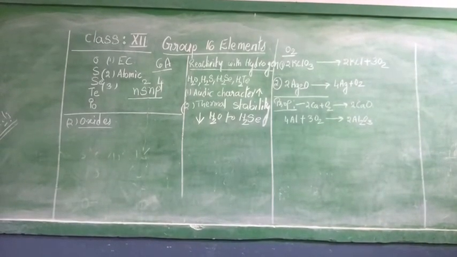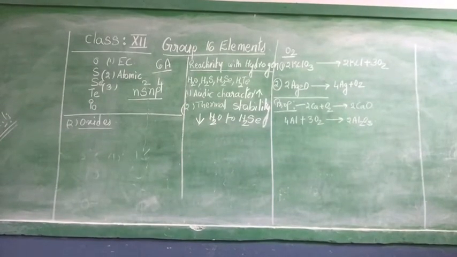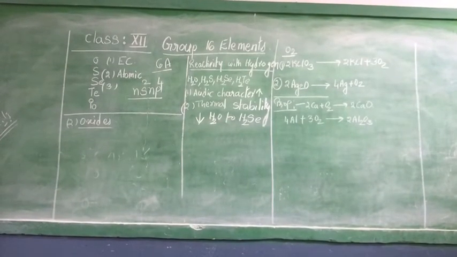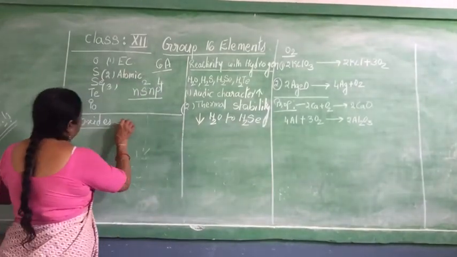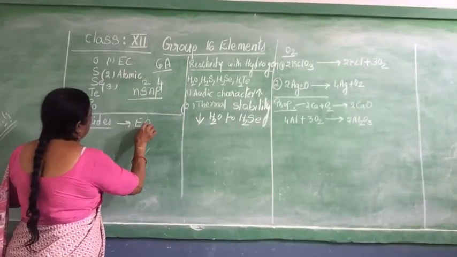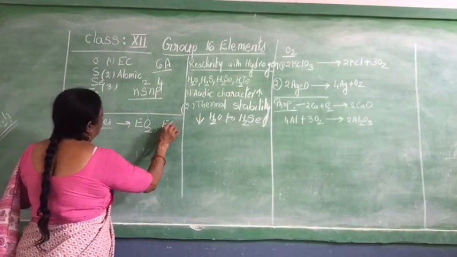Now next, children, oxides. All the elements react with oxygen to form EO2 and EO3.